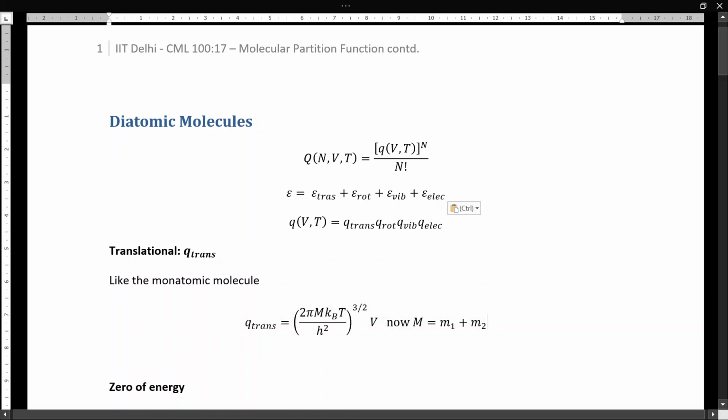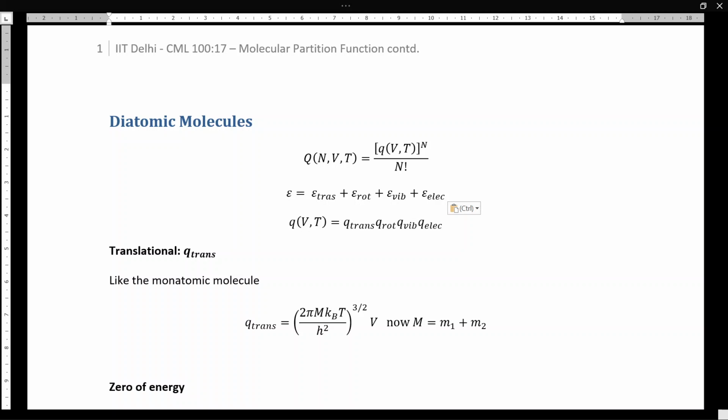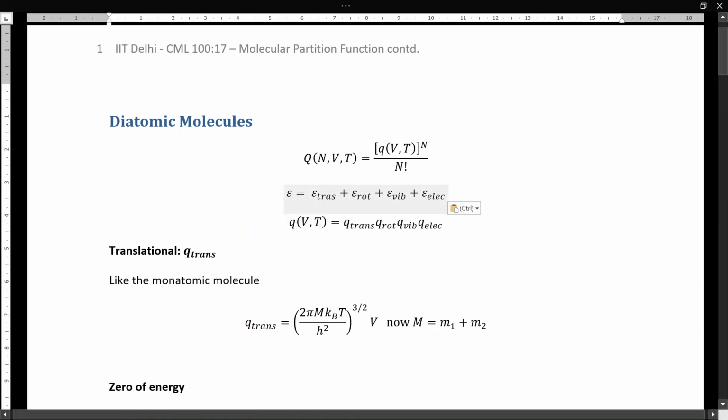Now, before I go into the rotational, vibrational, or electronic partition functions, one has to worry about the zero of energy. I have to worry about the zero of rotational energy, the zero of vibrational energy, and the zero of electronic energy.